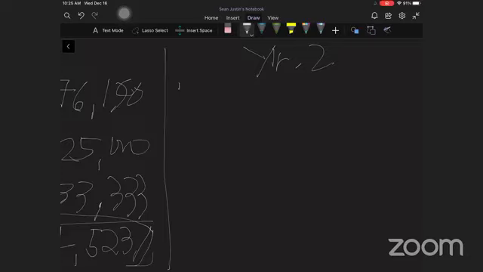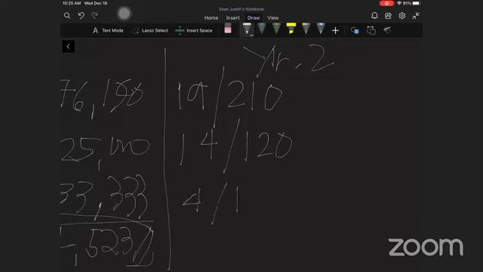Second year, 19 divide 210, di ba? The denominator. Okay, for machine B, that is 14 divide 120. And for machine C, that's 4 divide 15.